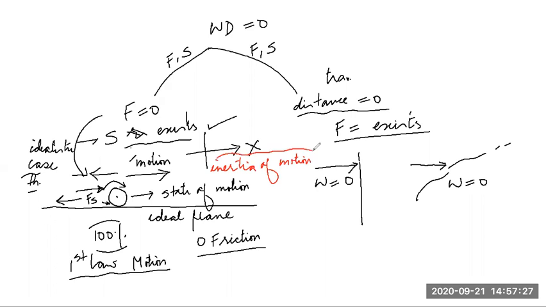This inertia of motion developed in the body. Because of this inertia of motion, the body keeps moving till infinity. So this case is covered. This case is also clear. So this is a hypothetical case, right? And this is the practical case, right?